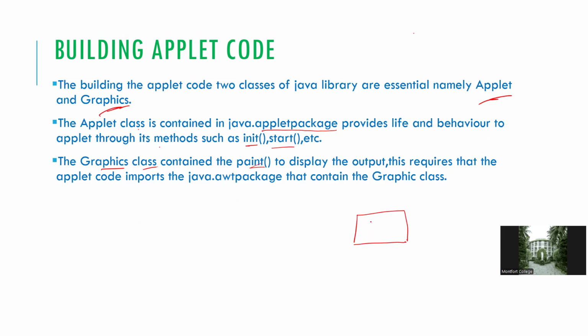In that window, if you want to draw something, the paint method is responsible to draw it. The paint method is located in the graphics class.